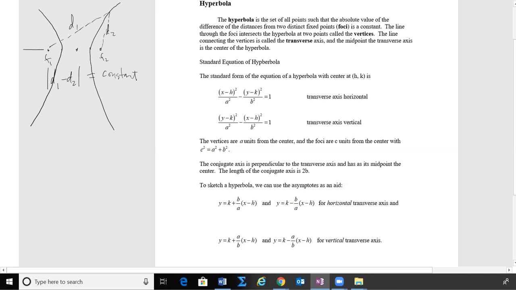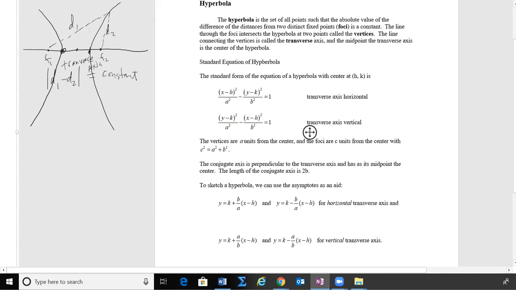And there are parts here that we can talk about. This is the transverse axis, from this point to this point. And this connects two points that we would still call the vertices, here and here.